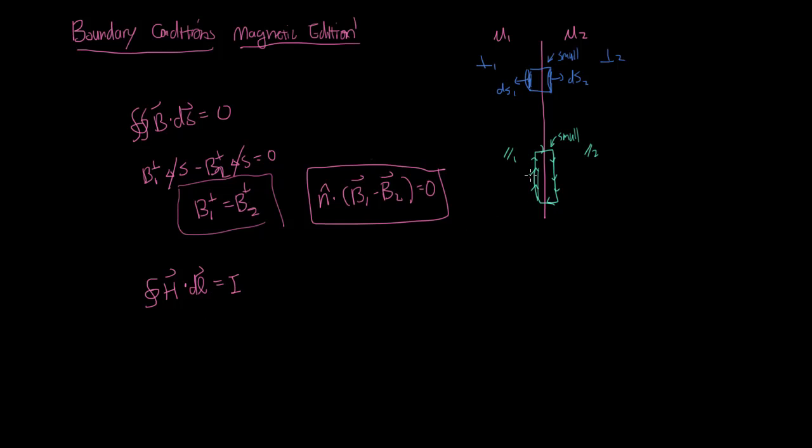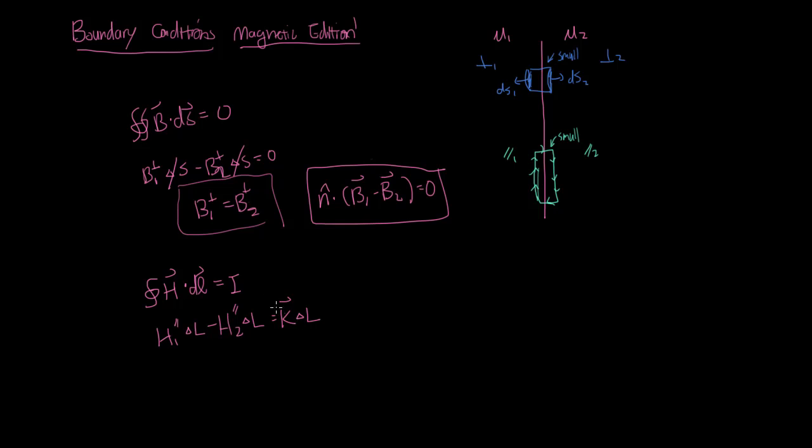So if we discretize this, if we say this is small enough such that you can call the field constant, you have the tangential component of the magnetic field on this one side minus the tangential component of the magnetic field on the other side is going to be equal to I. If we rewrite it in terms of something that will give us a delta L, we get a sheet current density, right?